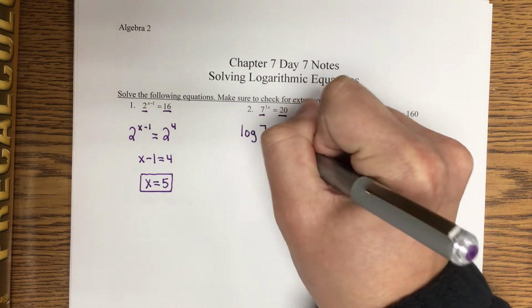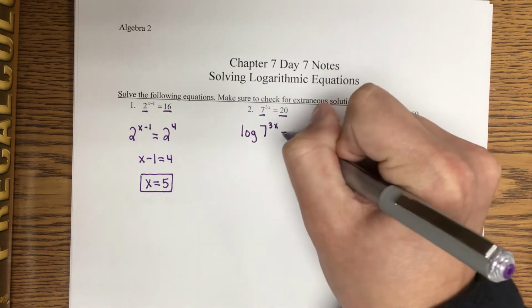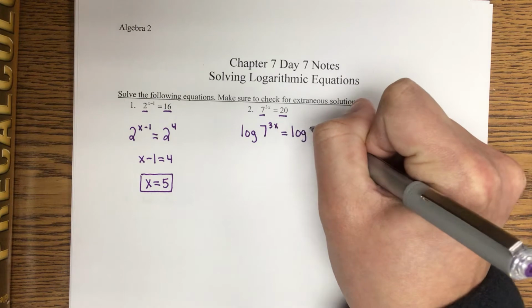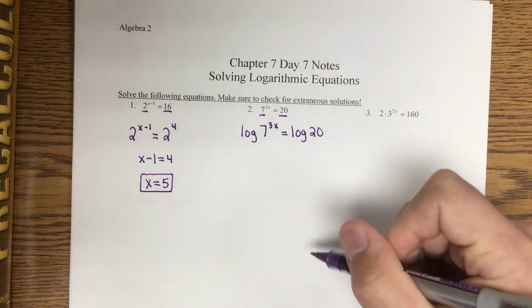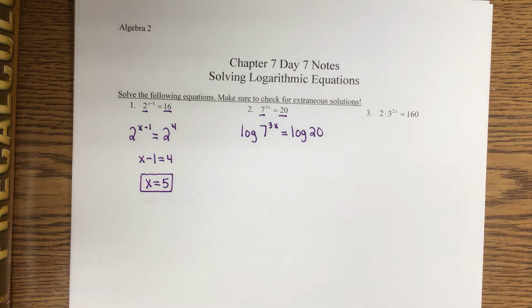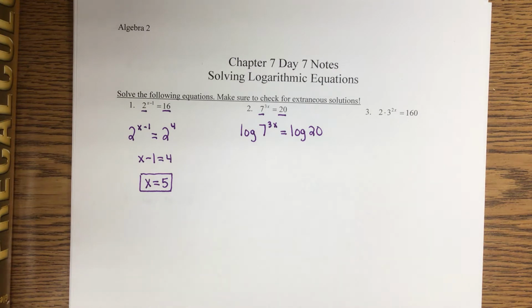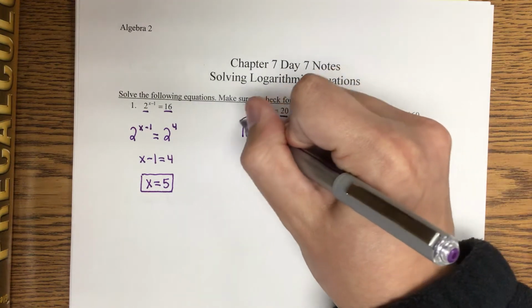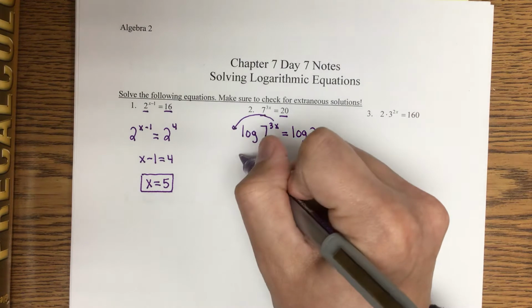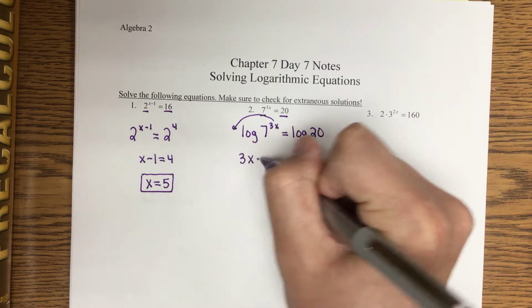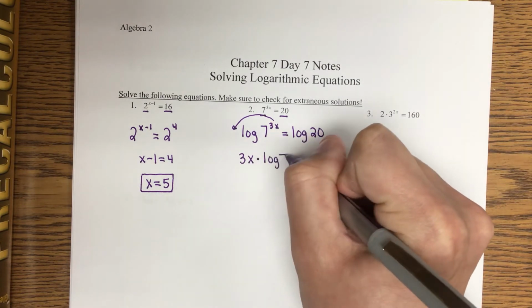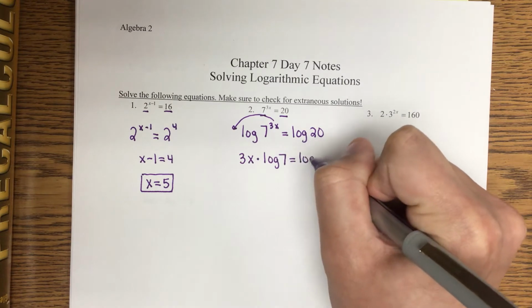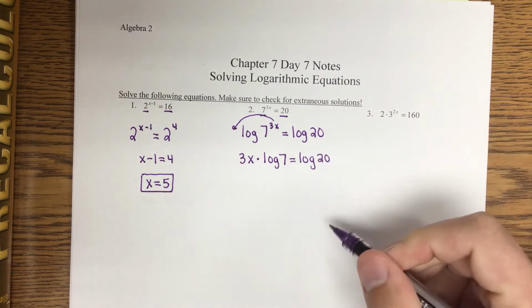So if you can't get bases to be the same, take the log, and I'm using base 10, on both sides. Now I do this specifically for moving the power out front. I can only use the power out front when I have a log. So this would be 3x times log of 7 equals log of 20.